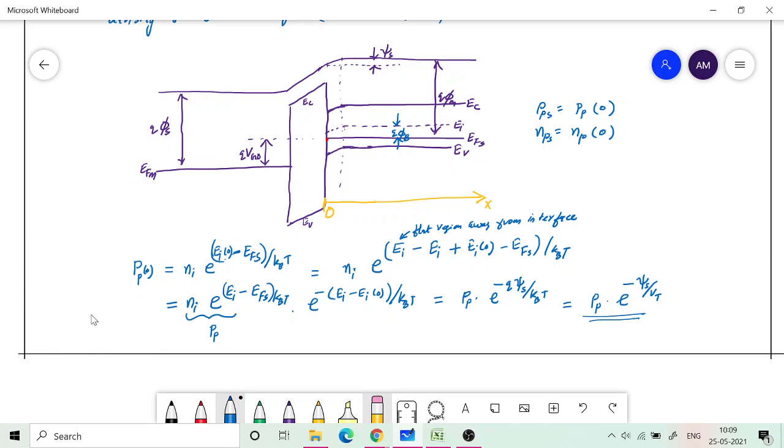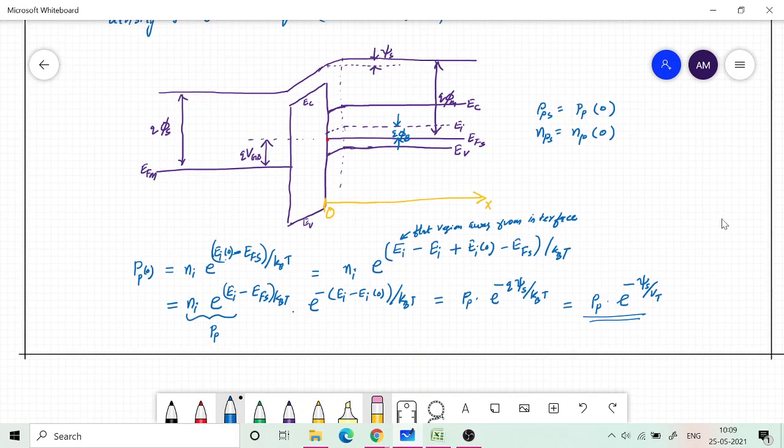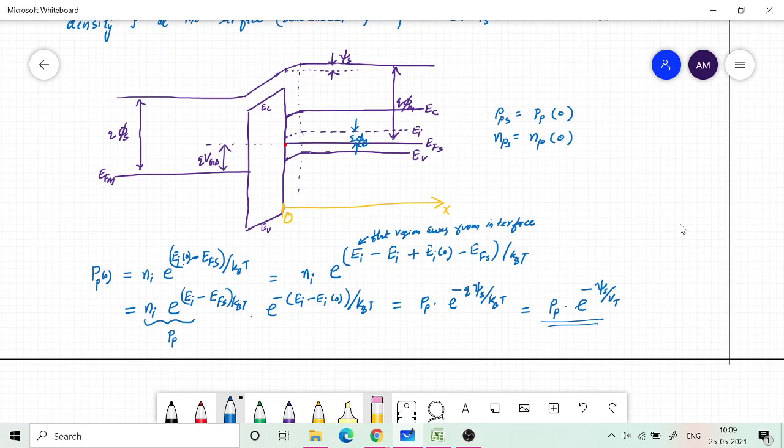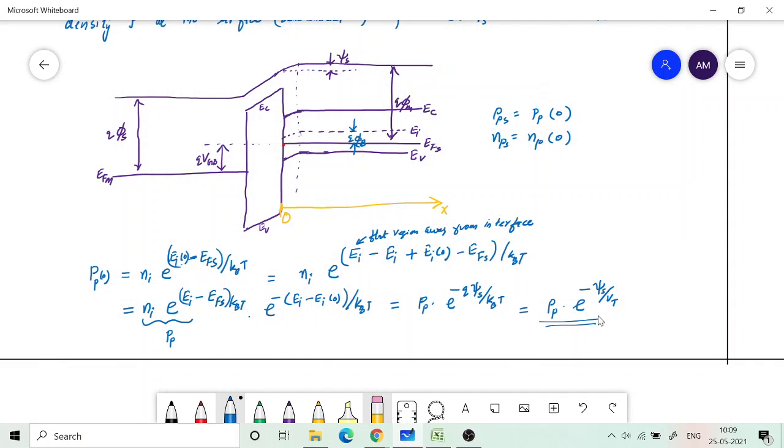Is that clear? Are you with me? Yeah. So it is very clear from this expression that the PP we know it is NA. So we can substitute that, and the other factor here, e raised to minus psi s by Vt, is going to be smaller than 1 because of the minus sign. So the whole concentration is going to reduce.